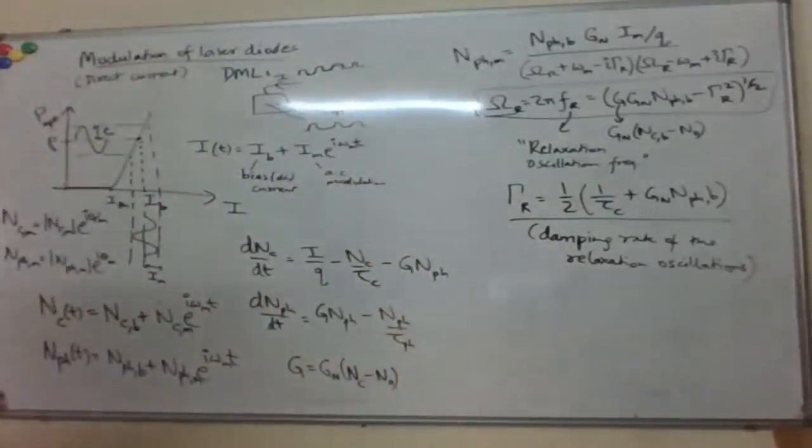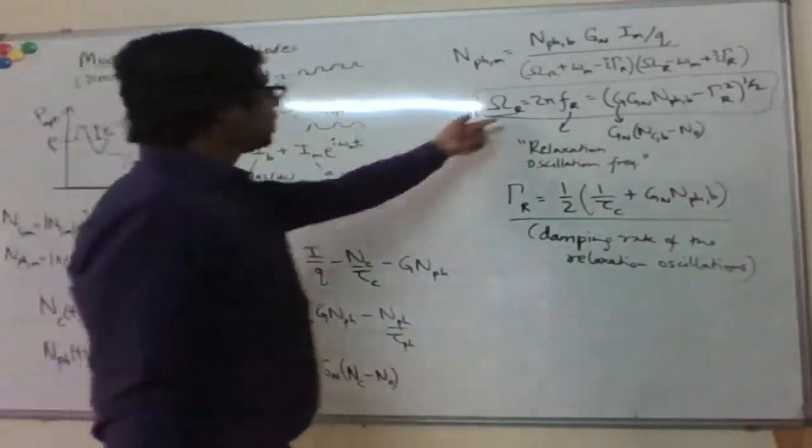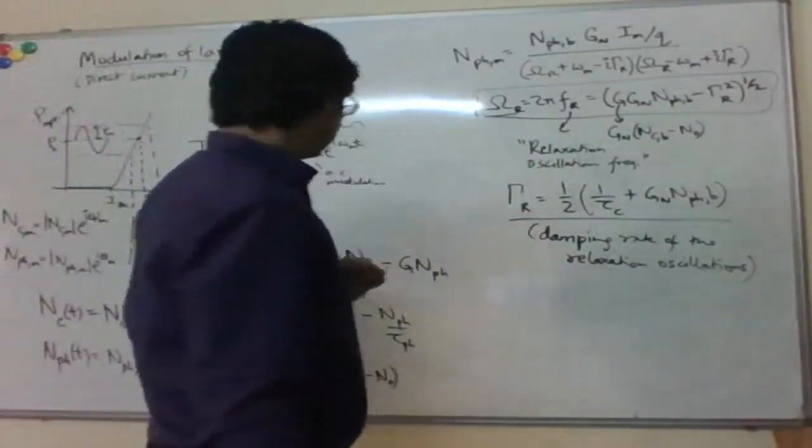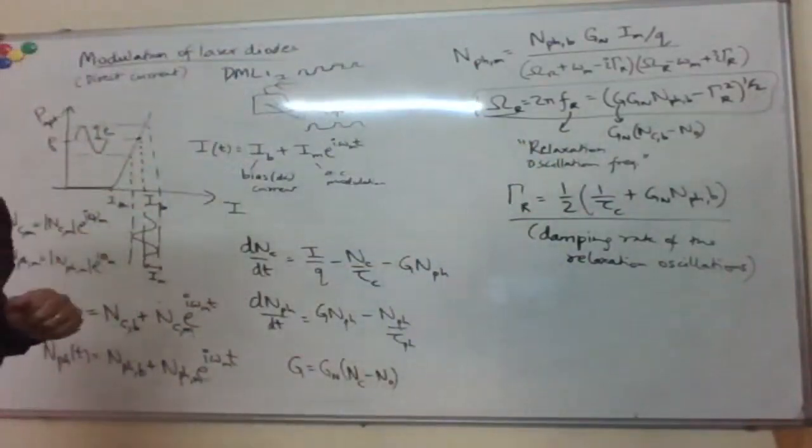So it's an intrinsic property of the device. Similarly here, there is a natural frequency called the relaxation oscillation frequency, which is a characteristic frequency for these laser diodes.